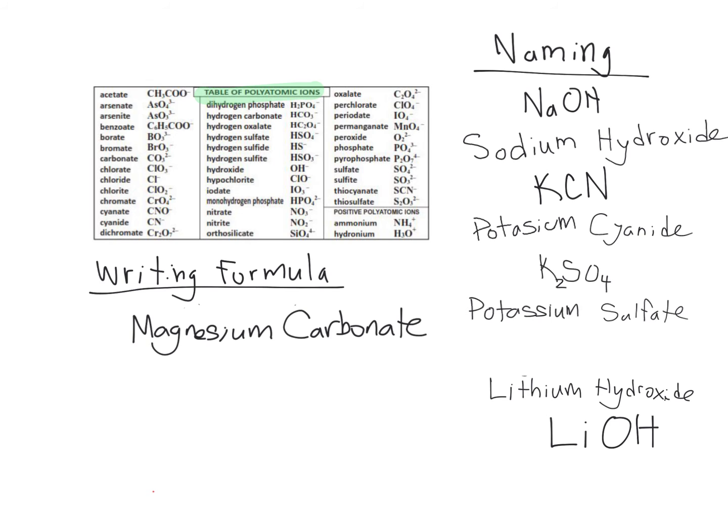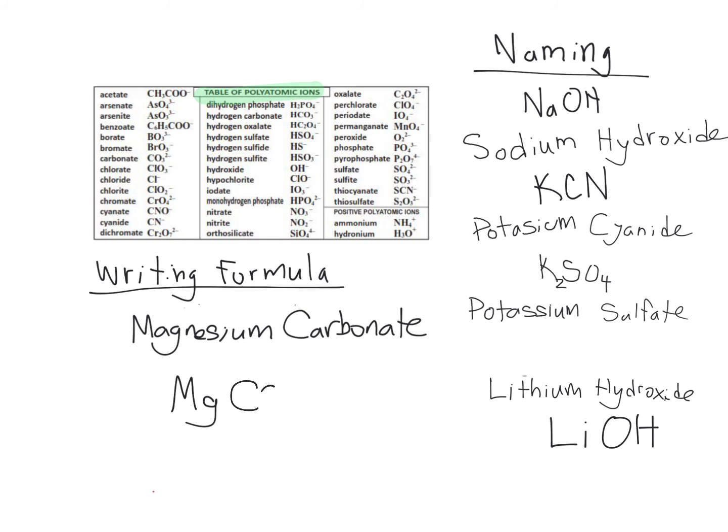So once again, writing out the symbols for my different ions. So magnesium is just going to be Mg, and carbonate I'm going to find on the table of polyatomic ions, and it's going to be over here with the rest of the C's. Let's see, there it is, CO3, and it's going to be a 2-.